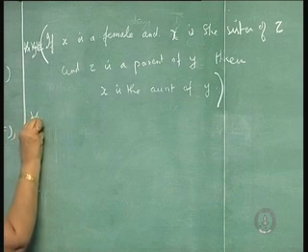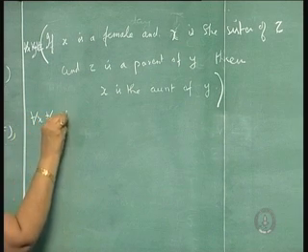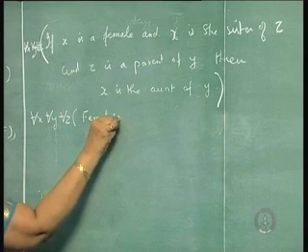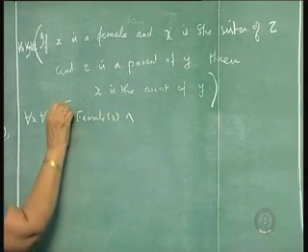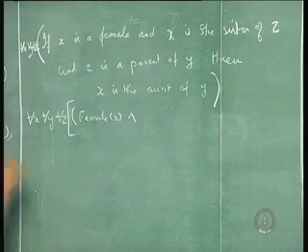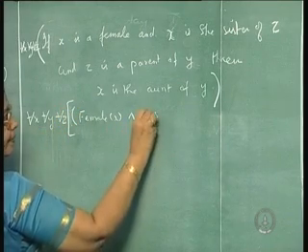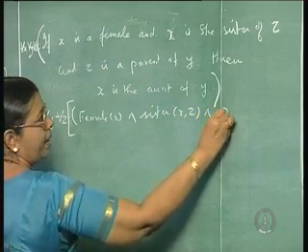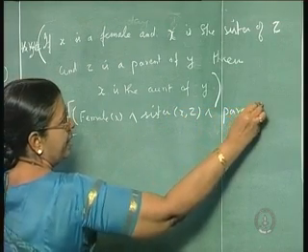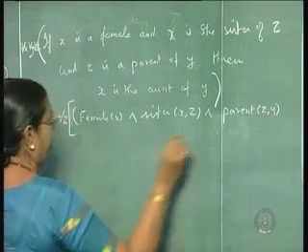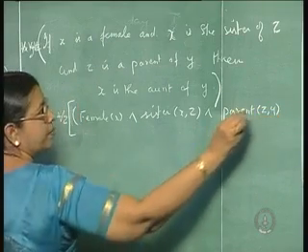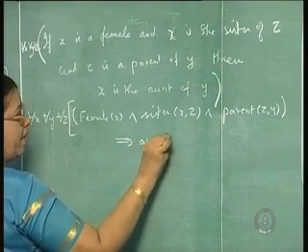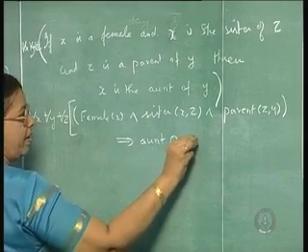For all of X, for all of Y, for all of Z, female X and sister XZ and parent ZY implies aunt XY.